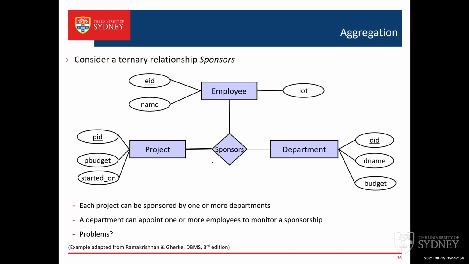Now, if I want to store some specific information, simply for project and department, so here we have a ternary relation. A ternary relationship means that using this relationship table, we have a relation between these two, we have a relation between these two as well, and we have a relation among all three of these using this sponsor table.